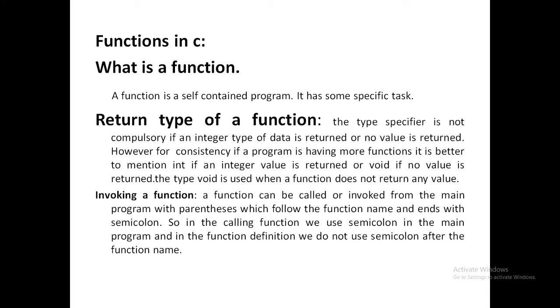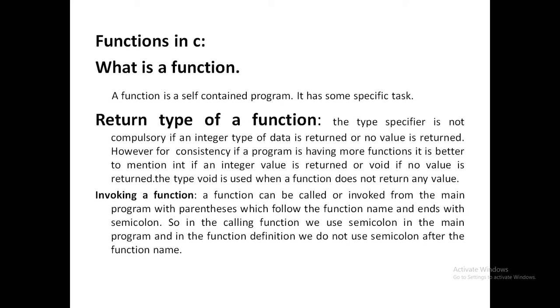Invoking a function. A function can be called or invoked from the main program with a parenthesis which follows the function name and ends with a semicolon. So in the calling function we use a semicolon in the main program, and in the function definition we do not use a semicolon after the function name.